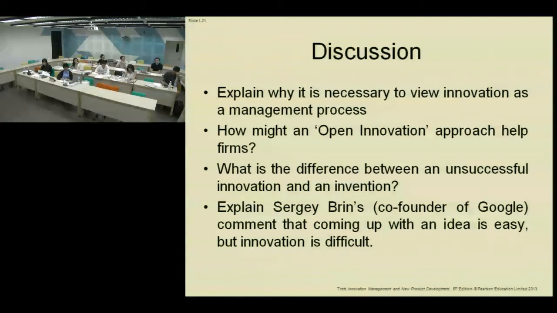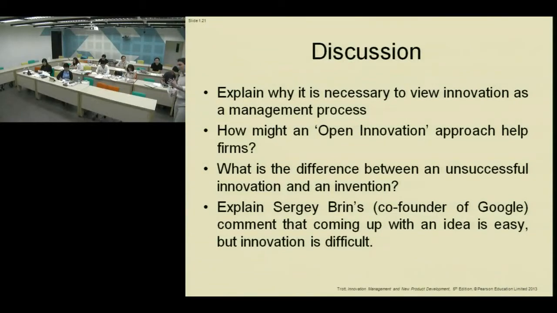So instead of having 3 or 4 different departments, it's good to have a management process in place where we can exploit all that knowledge, use that technology, and integrate the customer wants and needs. That's why it's important.